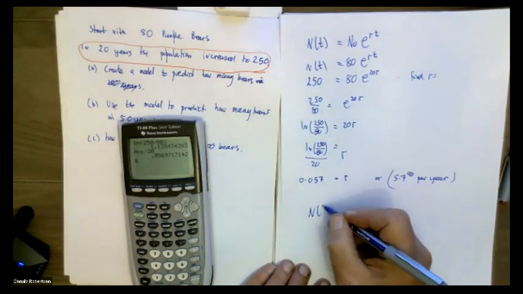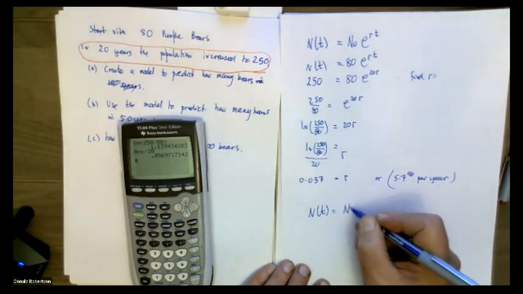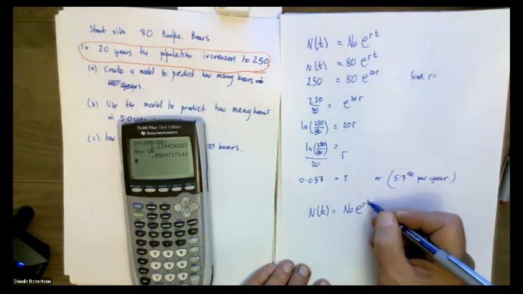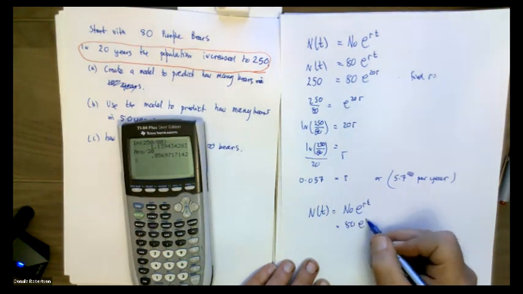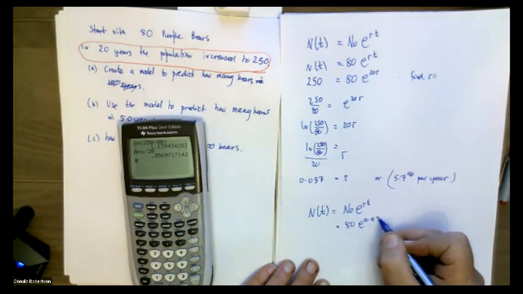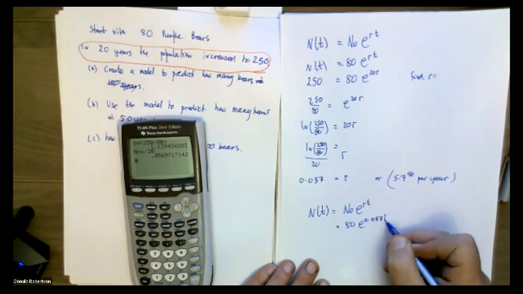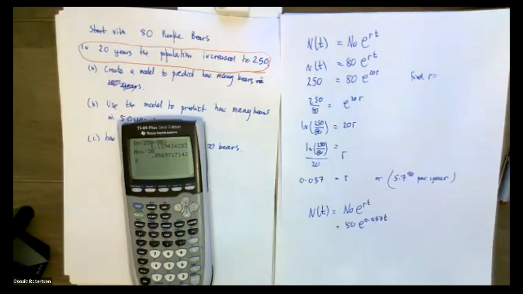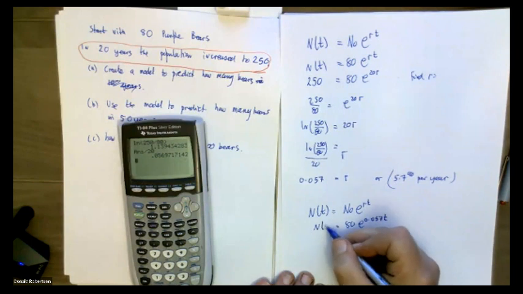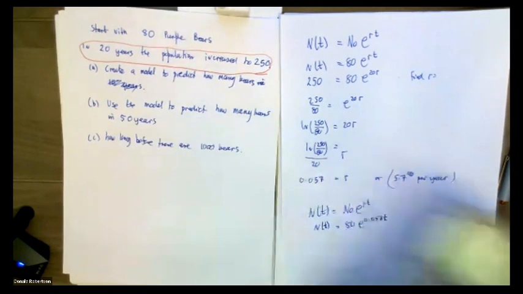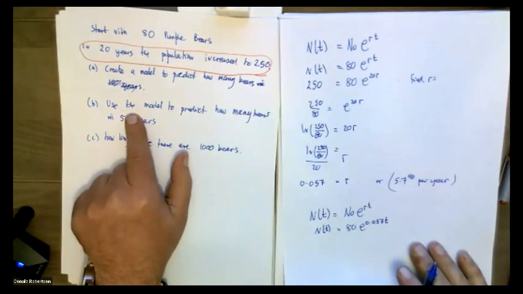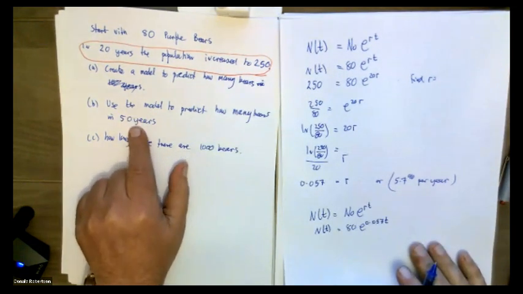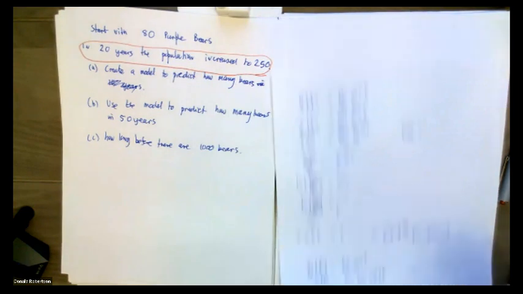We now can return to our generic equation. That's this one. You still start with 80, but now you've got that rate. So once you have got your population growth model, you can then use it to predict how many bears in 50 years, which is what I'm going to do next.